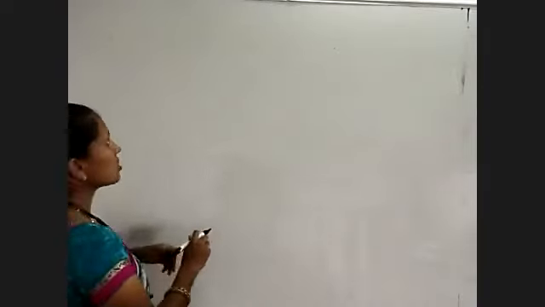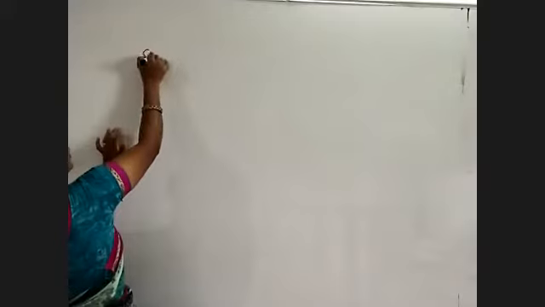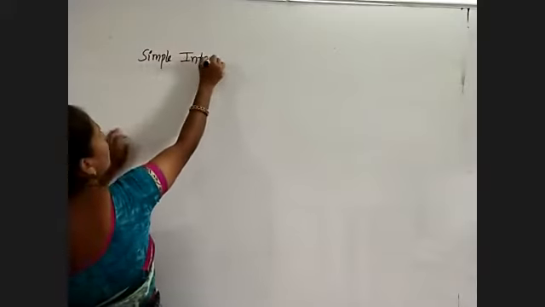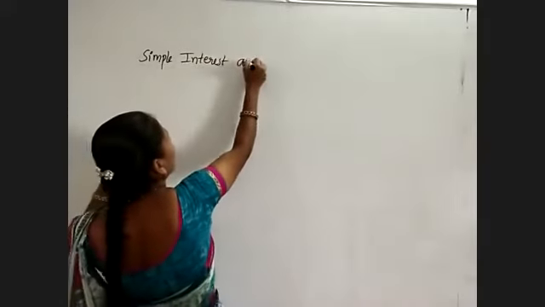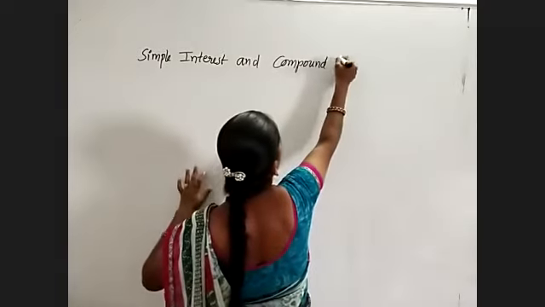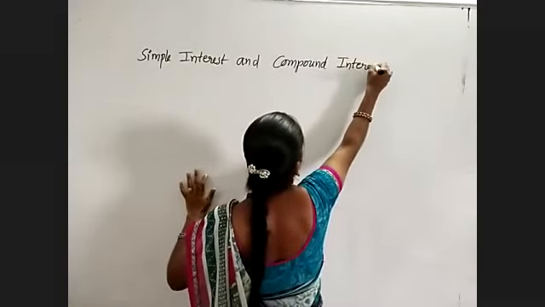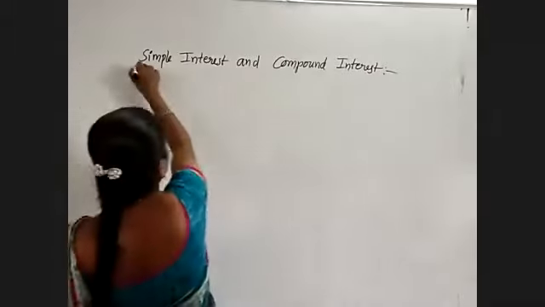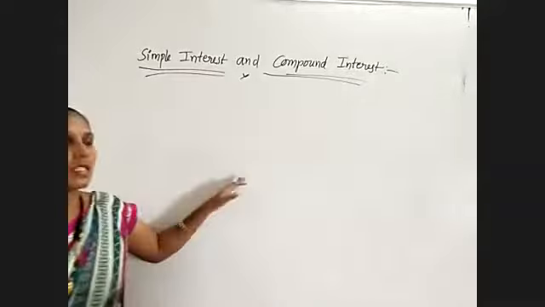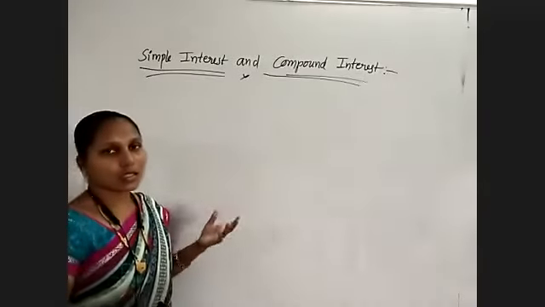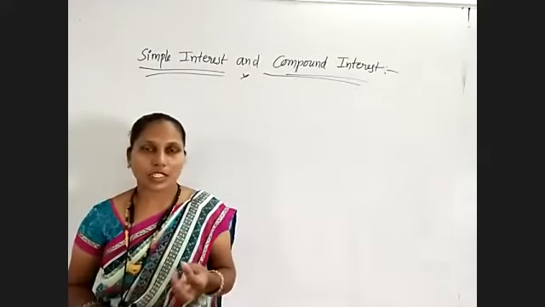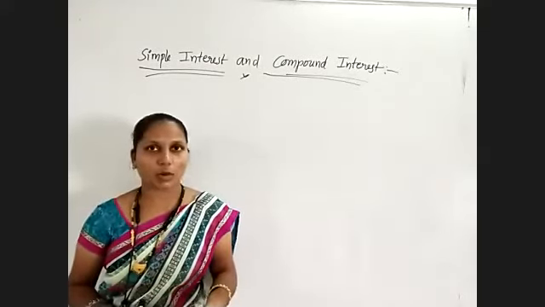Now coming to the next new topic, that is simple interest and compound interest. Before going to this, what is meant by interest receivable? See, if you are borrowing an amount from anybody, you will ask for some time to pay that amount as well.